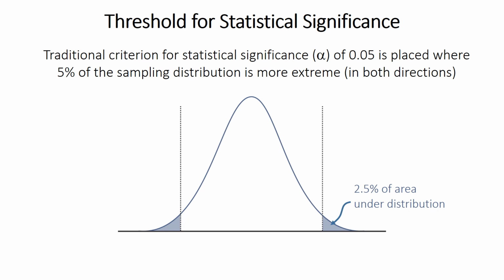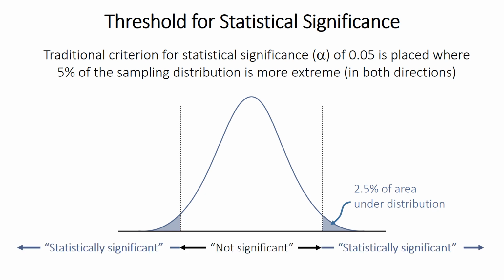That means that 2.5% of the means in our sampling distribution, if we made 1,000 random samples, each of 100 things from our population, would fall within this tail, beyond this dashed line, and 2.5% would be in the other tail. We call every outcome outside of these dashed lines statistically significant, and outcomes inside of them not significant.